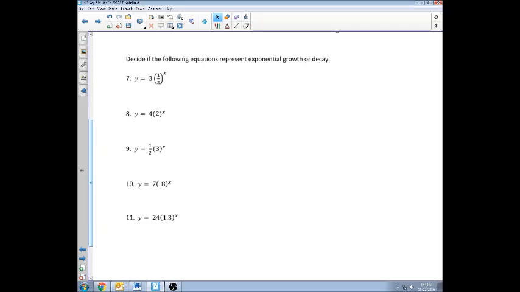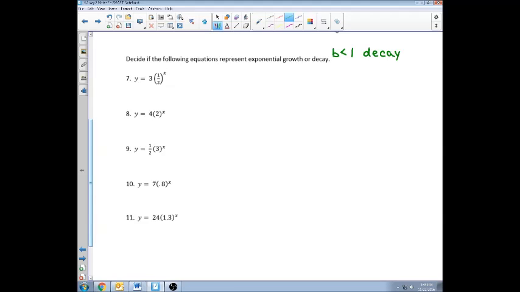If you remember from the beginning of this lesson, I talked about the difference between exponential growth and exponential decay. It all stems from our b value, our base, what's inside the parentheses. If what is inside of the parentheses is less than 1, so if my b is less than 1, it will be exponential decay.